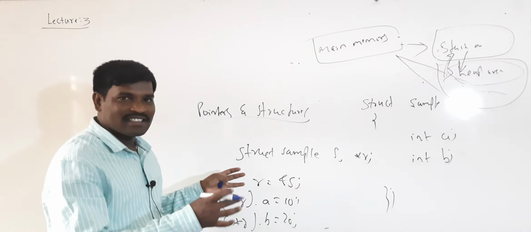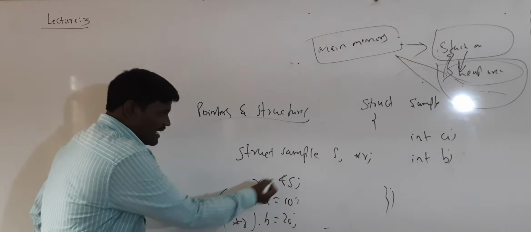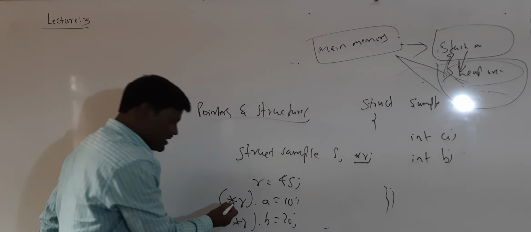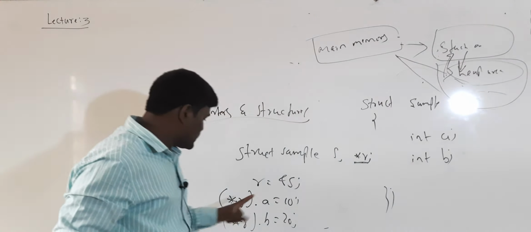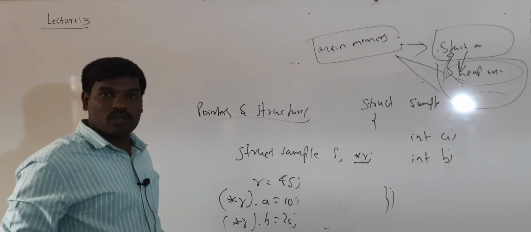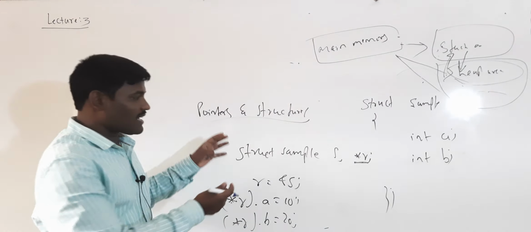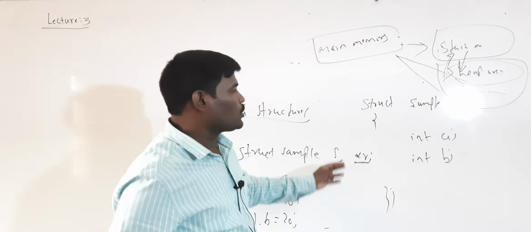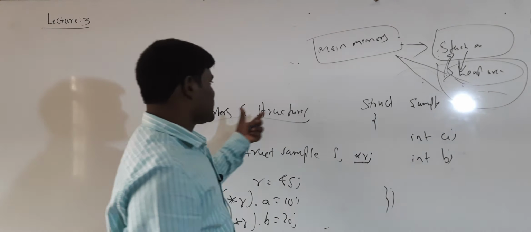How to assign the values to the structure variable: star of R, it is a pointer variable, dot structure member a, (*r).a = 10 and (*r).b = 20. Like this we can assign the values to the structure members, pointers and structure.